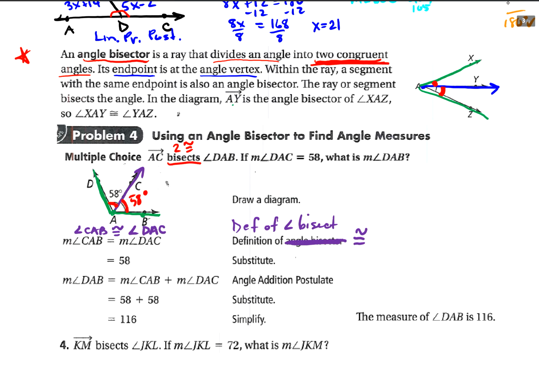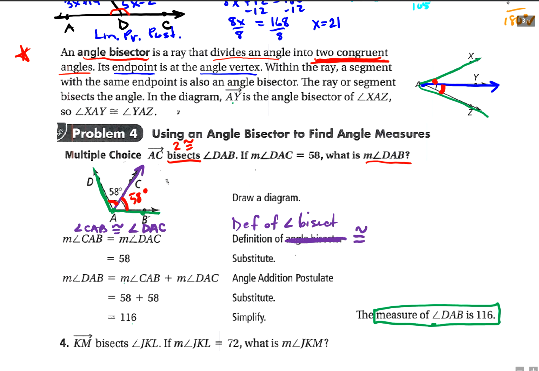And then we are asked, that wasn't what we were asked. We are asked, what is the measure of angle DAB? Well, that's the measure of the whole thing. So we can use our angle addition postulate, add the two of them together, and we get 116 degrees. The measure of angle DAB is 116 degrees.